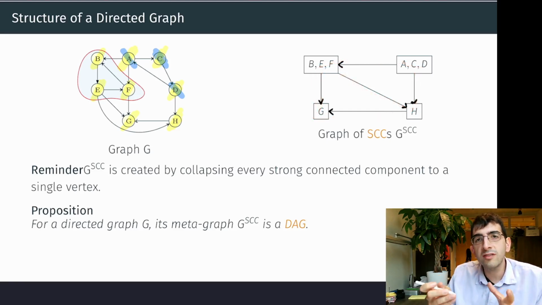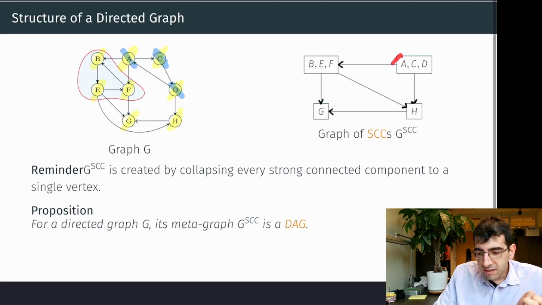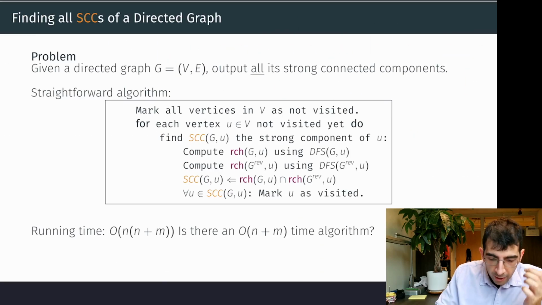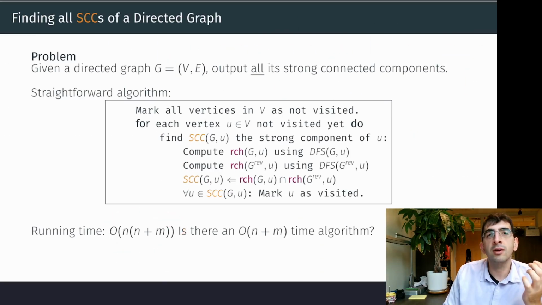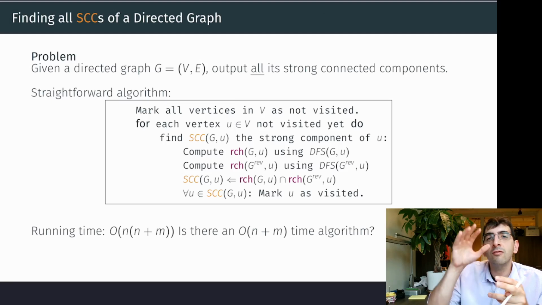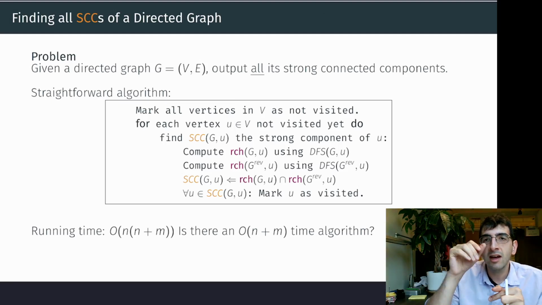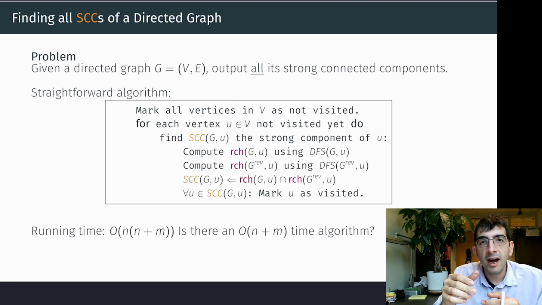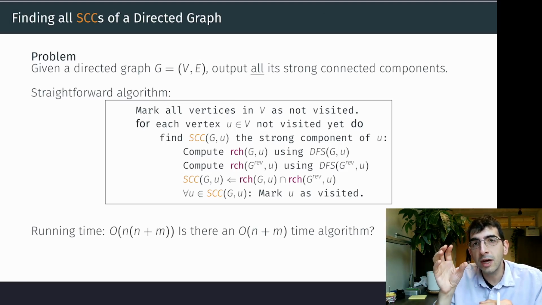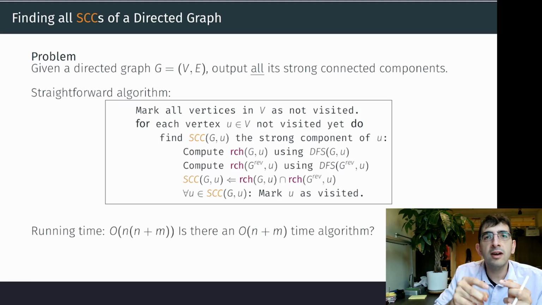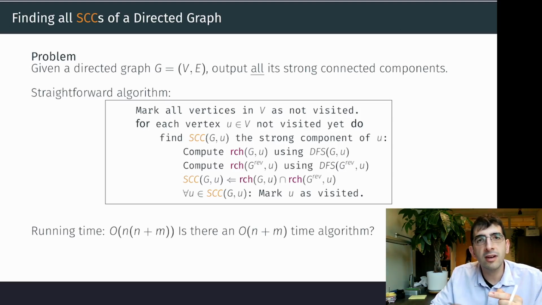This is our worst case scenario, and that's why we get our polynomial running time. If we're always selecting a vertex in the source of the metagraph, we're going to run DFS on all the nodes every single time.